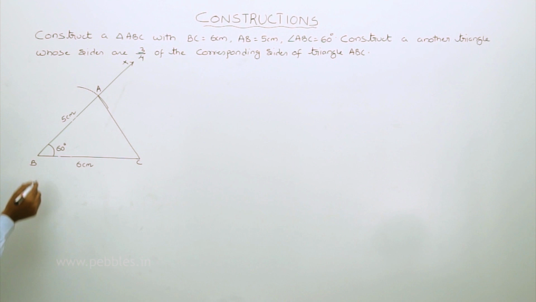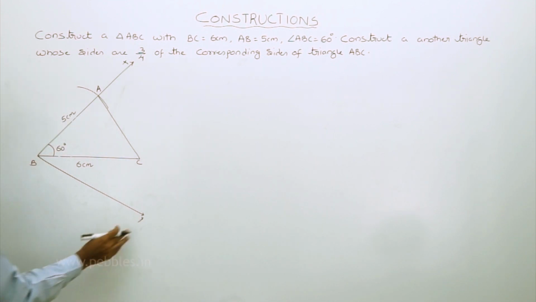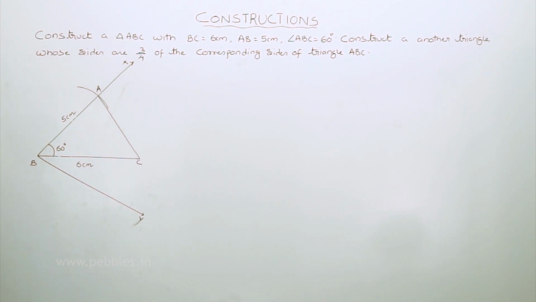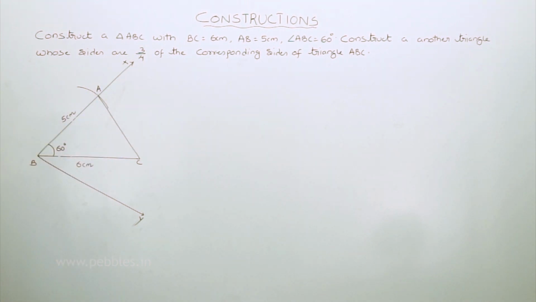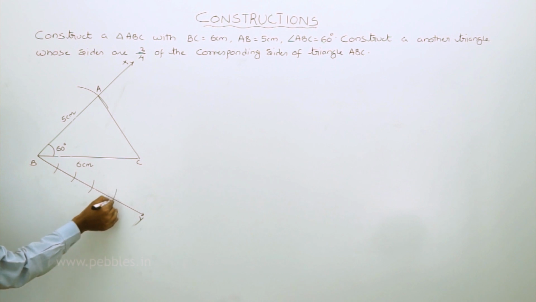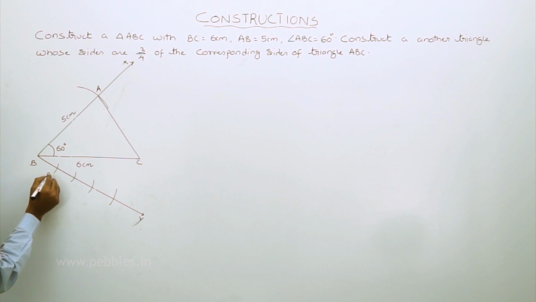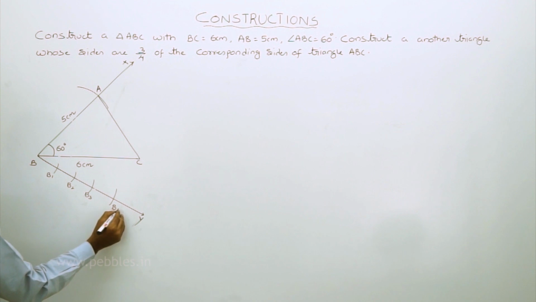Now, draw an acute angle CBY. CBY is an acute angle. From these two, 3 and 4, 4 is the biggest. Divide BX into 4 equal parts: 1, 2, 3, 4, that is B1, B2, B3, B4.